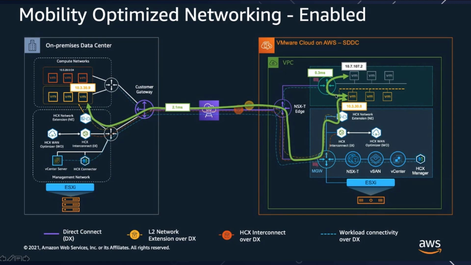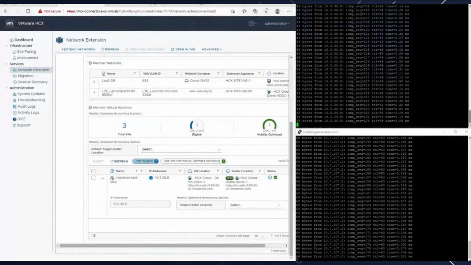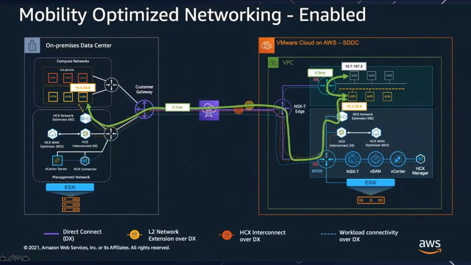And all virtual machine traffic that is destined for on-premises networks still goes over the layer 2 extension, thereby reaching the on-premises virtual machines and all other on-premises networks via the on-premises router. So we can see that this ping is staying at 2.1 milliseconds, and this has now come down to 0.3 milliseconds on average. So how does mobility optimized networking do this?